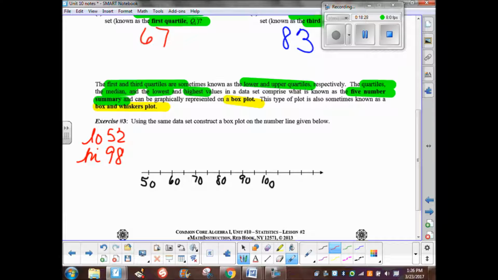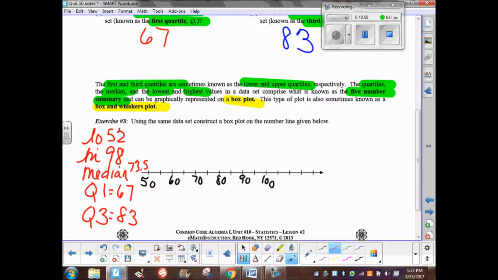Yeah. The median was 73.5. Q1 came out to be 67, and Q3 came out to be 83. So there's our 5-number summary.